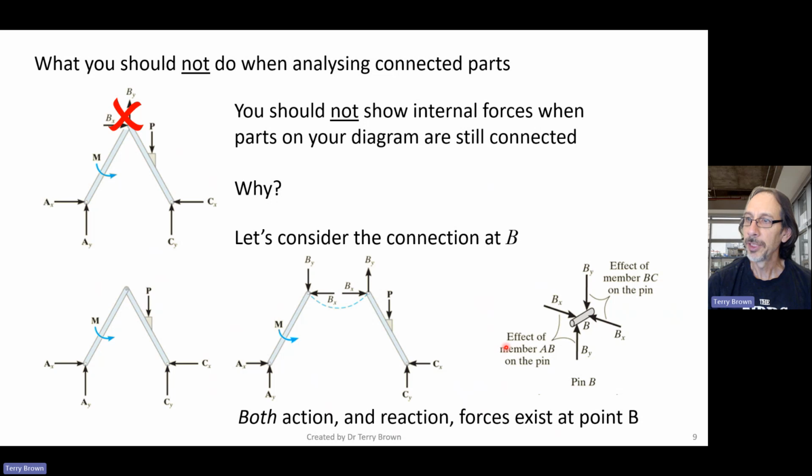Because what's actually happening in here is, in most solutions that you'll see, people don't show the pin that's connecting those things together. So if we draw a free body diagram of the pin between these two frame members, we have on one side of the pin Bx and By from member AB, and then on the other side we have Bx and By from the frame on the right-hand side, from frame BC.